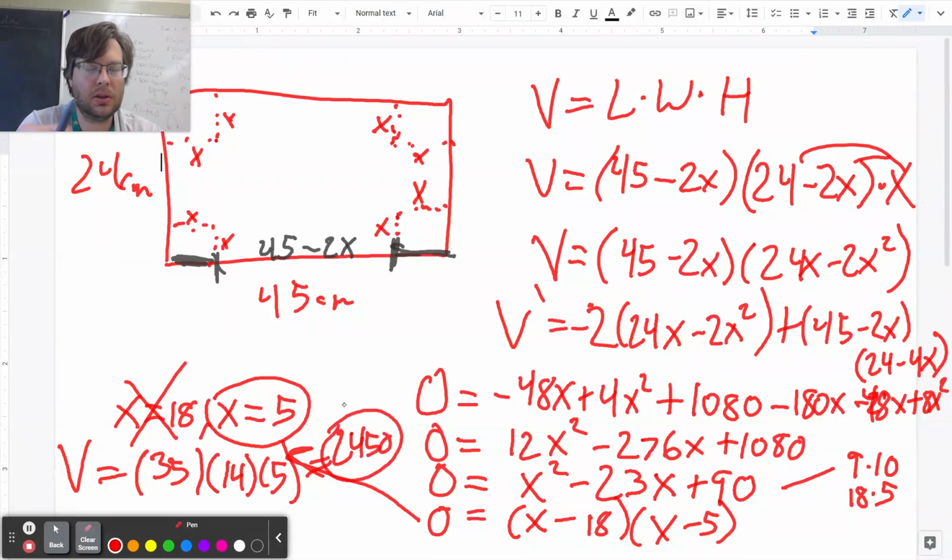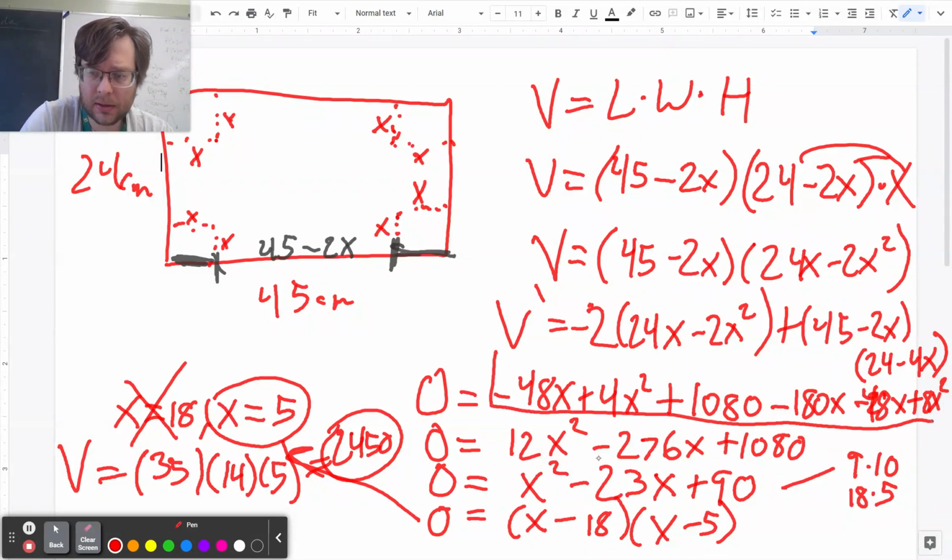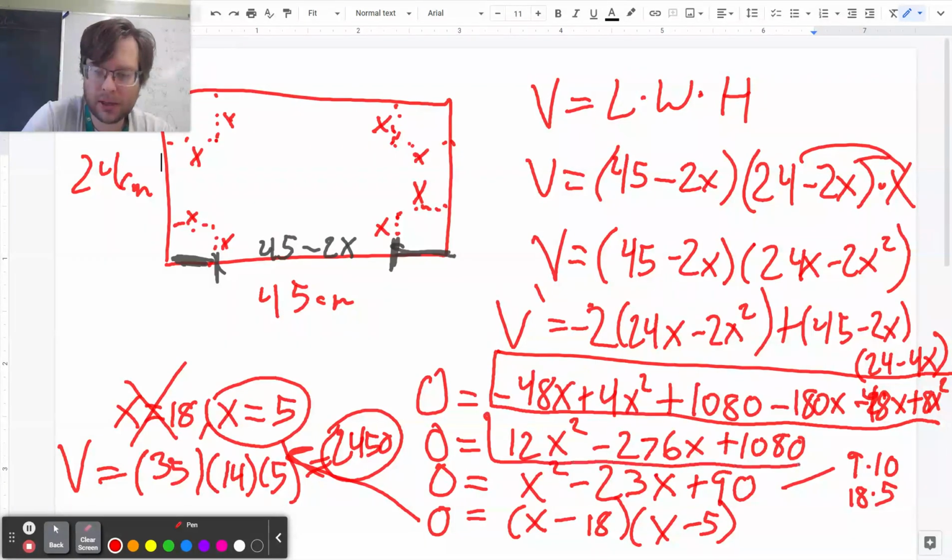Now I really should make sure that that is a maximum by taking the second derivative or doing the first derivative test or something like that. What I can do is look at, this is my derivative still. This is also equal to my derivative here.